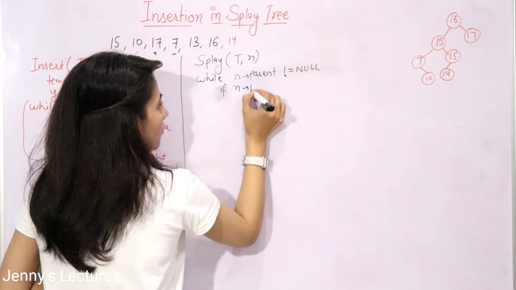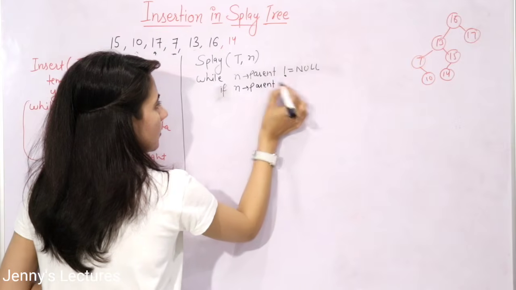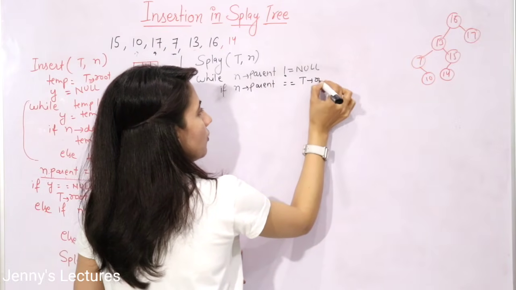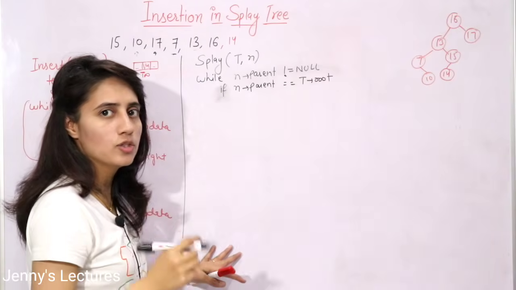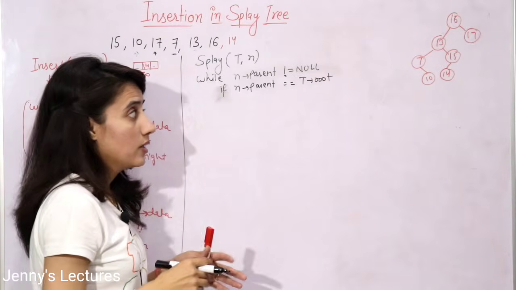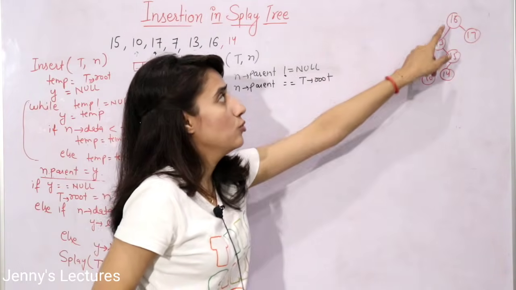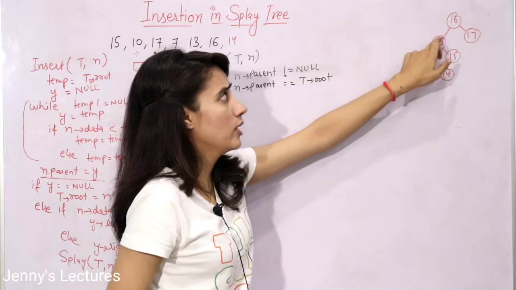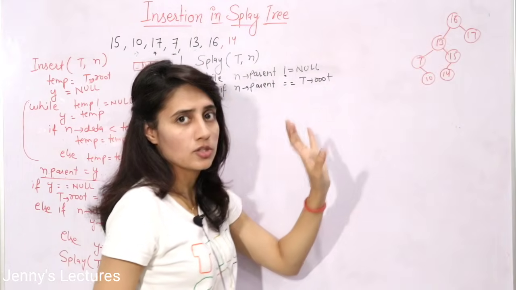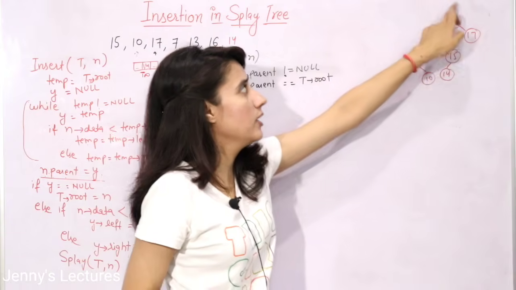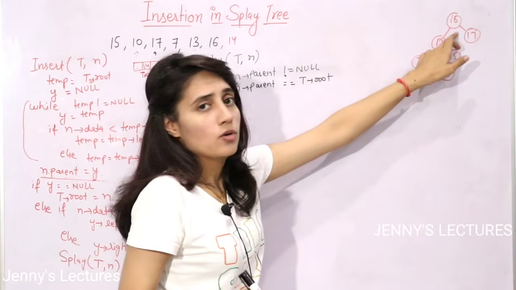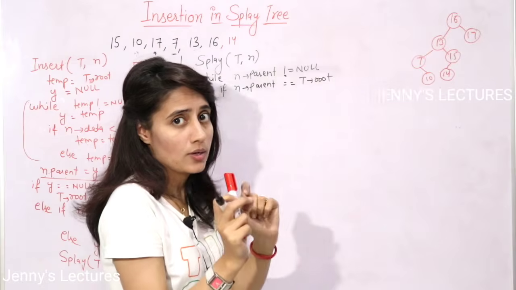If n of parent is equal to t of root, means both are same, right? The parent of n is root. Suppose taking this example, the parent of 13 is root, so here we will do what? Only one right rotation. Or if this is the case, then we will do only left rotation, left or right rotation on this one parent, or you can say on root of the tree, right?